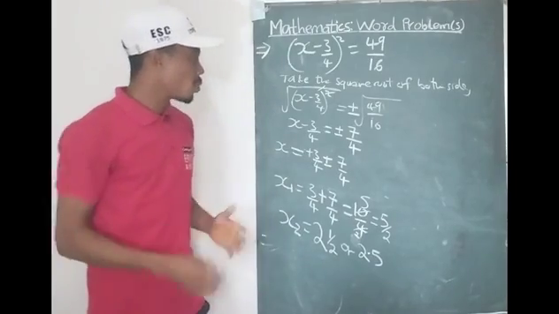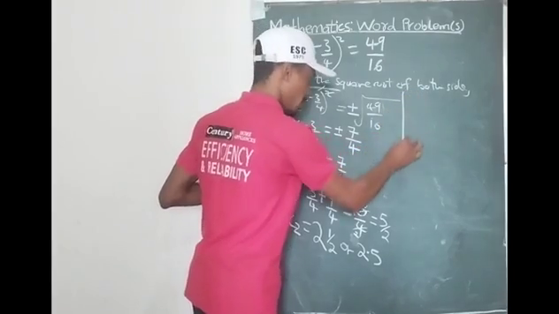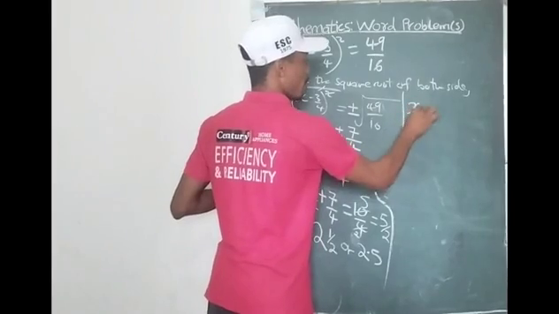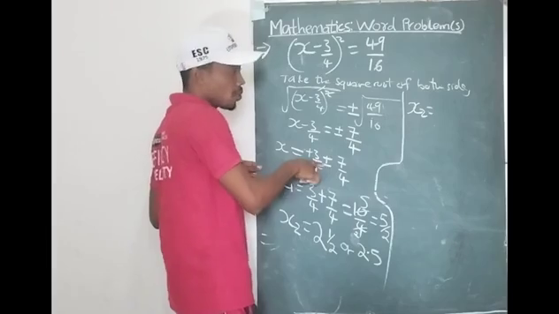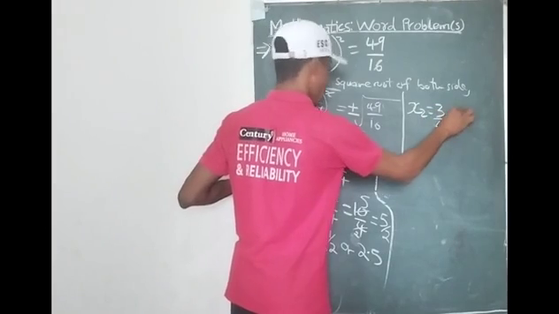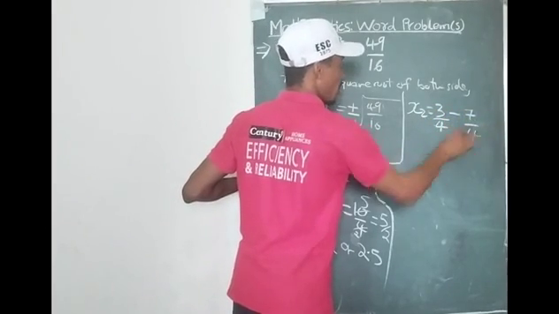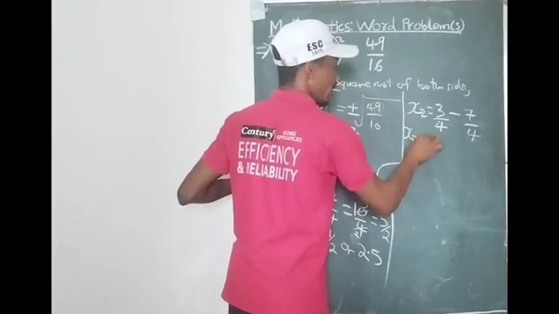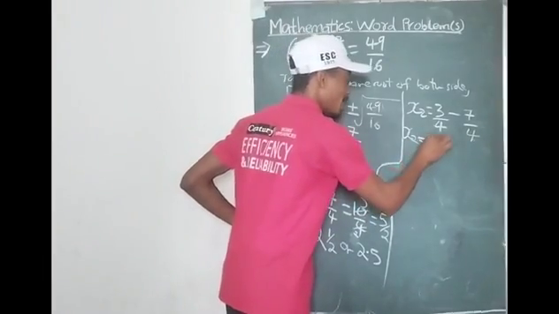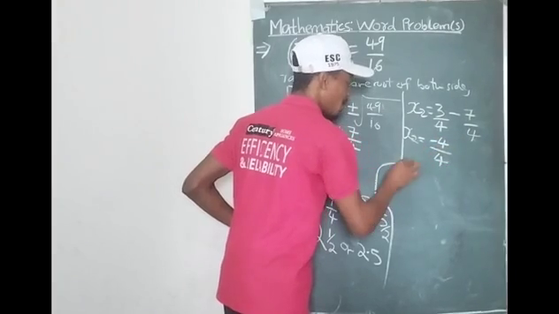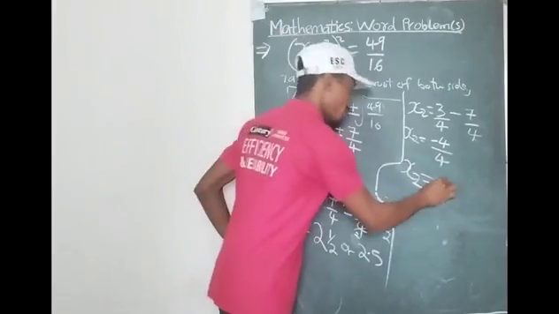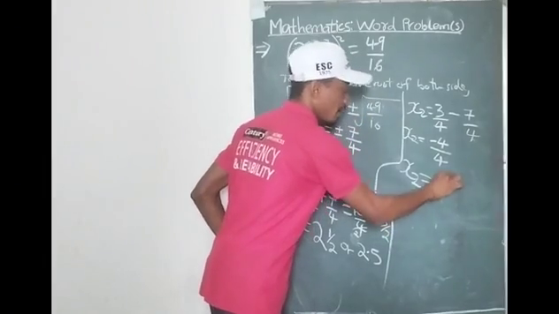Alright. So the second root of the equation, which is x2, would be, we are going to take the minus. So that is 3 all over 4 minus 7 all over 4. So x2 equals 3 minus 7 would give us minus 4 all over 4. So x2 is simply minus 1.